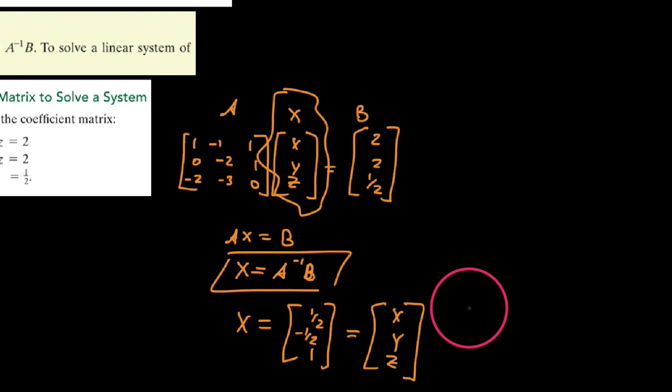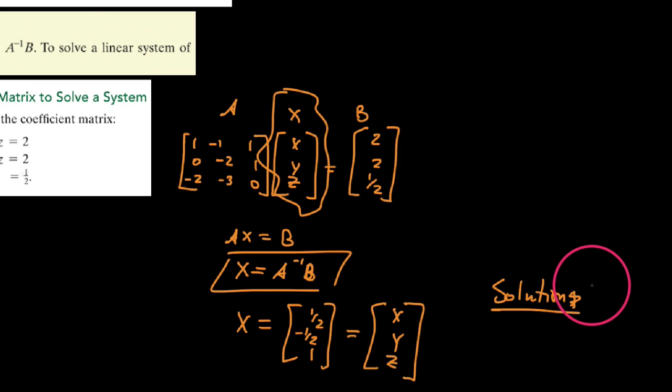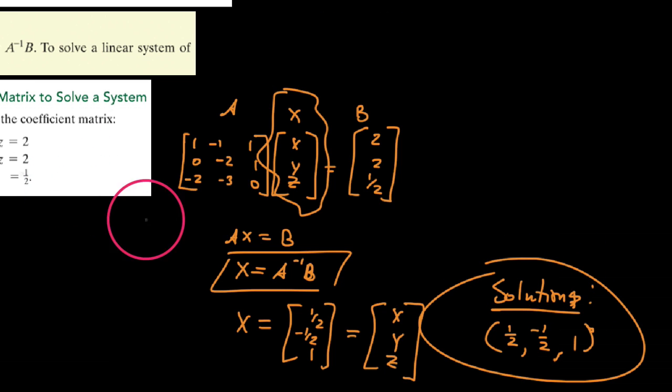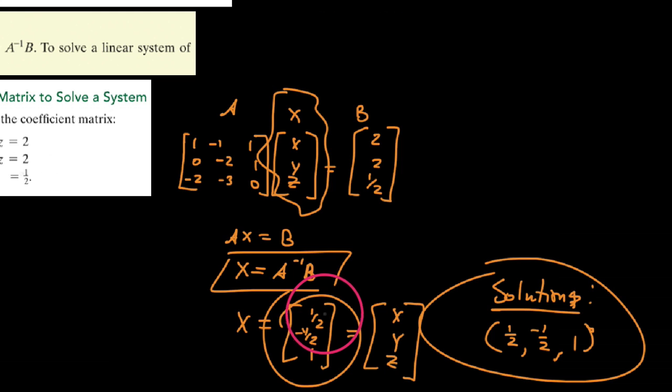So in terms of what conclusions we can draw about the solution to a system, we could say that its solution occurs at the point where 1/2 is its x value, negative 1/2 is its y value, and 1 is its z value. So it's pretty easy to find a solution to a system of equations by using a matrix equation and then just taking A inverse times B, if A inverse exists. Cheers.